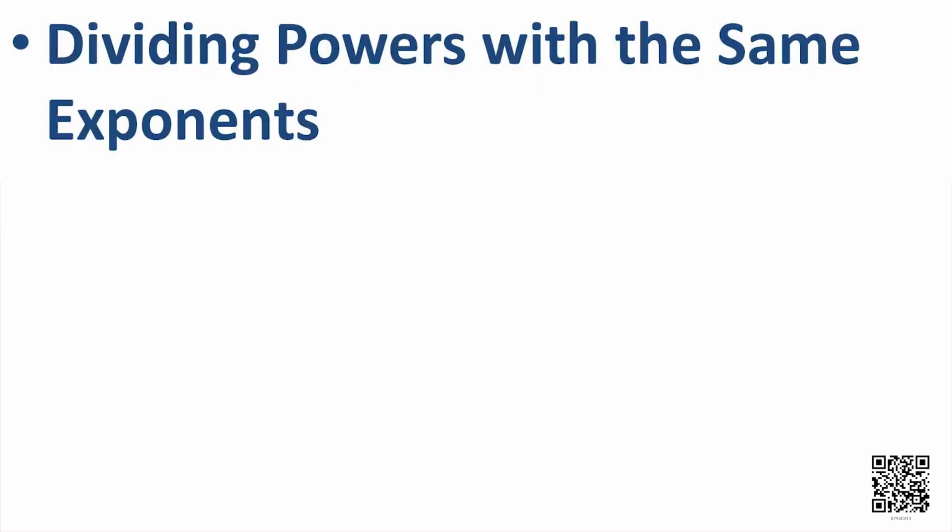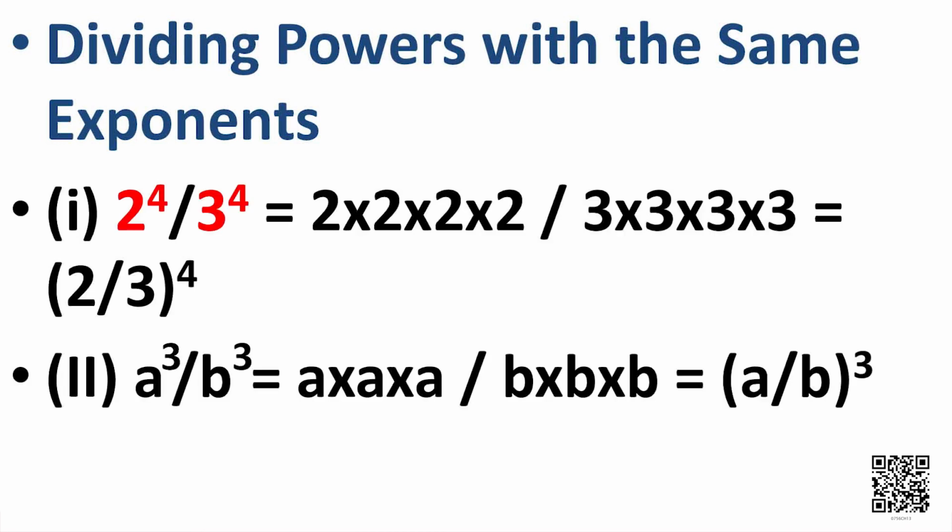Now let us move on to another law, dividing powers with the same exponents. So students, see this question: 2 to the power 4 divided by 3 to the power 4. If we simplify it, it becomes 2 multiplied by 2 multiplied by 2 multiplied by 2, divided by 3 multiplied by 3 multiplied by 3 multiplied by 3.